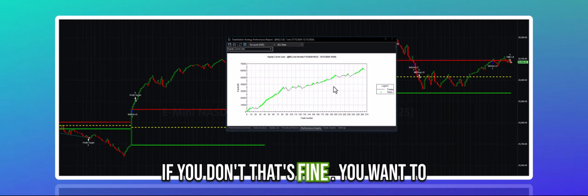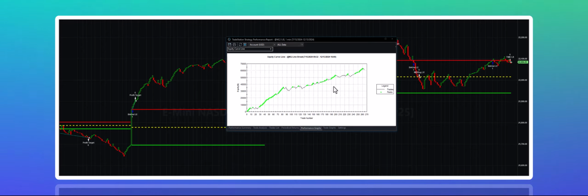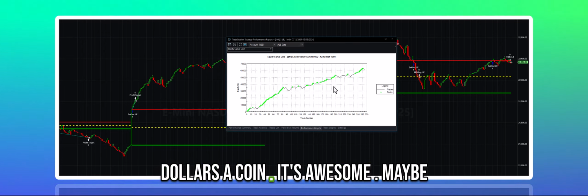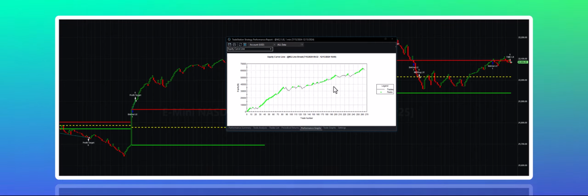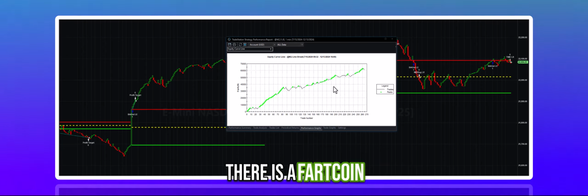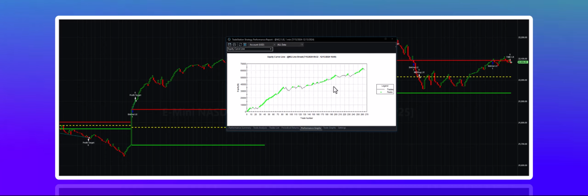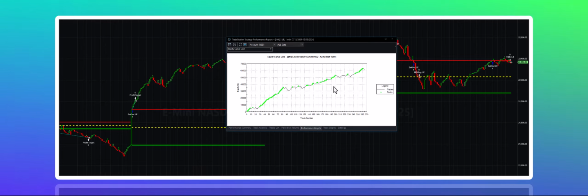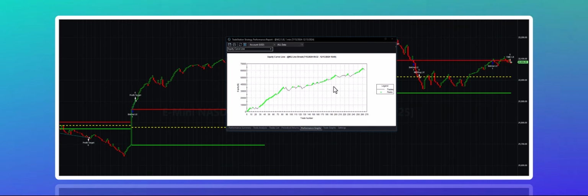If you don't, that's fine. You want to be hodling this and hodling that. I understand that Bitcoin has reached $100,000 a coin. It's awesome. Maybe it's going to $1 million, maybe it's going to 10 million. Just remember, fart coin. Yes, there is a fart coin. And it has reached a market capitalization larger than 38% of all the stocks in the Russell 2000 companies trying to make something productive.